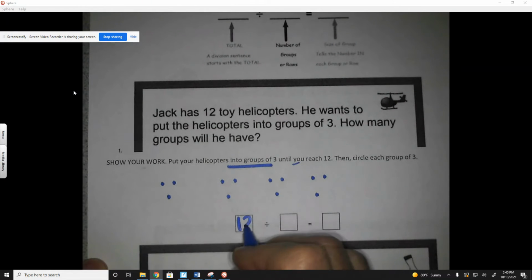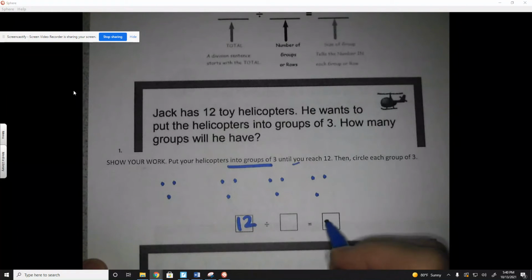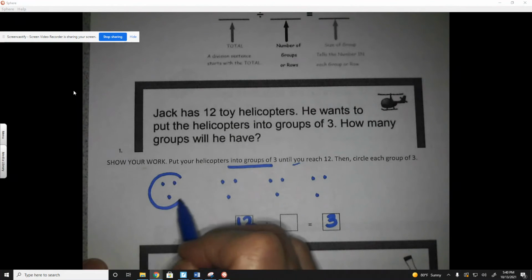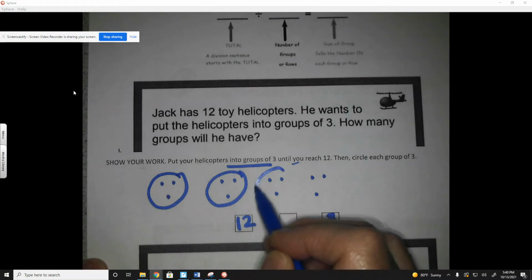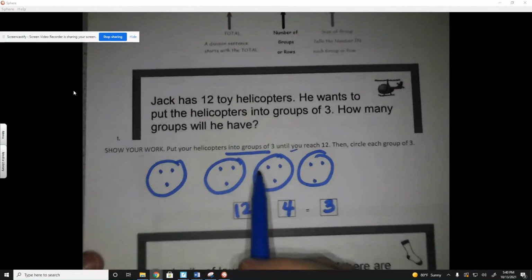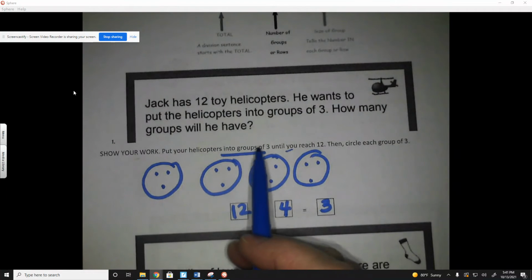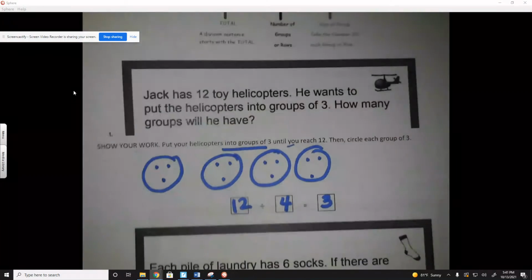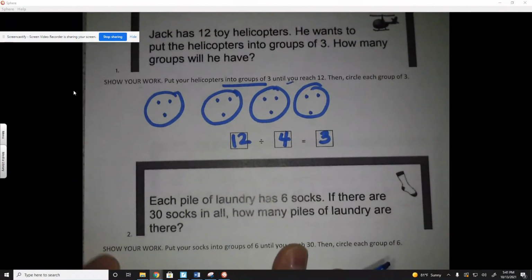Our total was 12, and our size of our groups was 3. So let's come back and circle each of our groups. 1, 2, 3, 4. So this is different. We're putting it into equal groups, and then we have to go back and count the number of groups. So that's different.